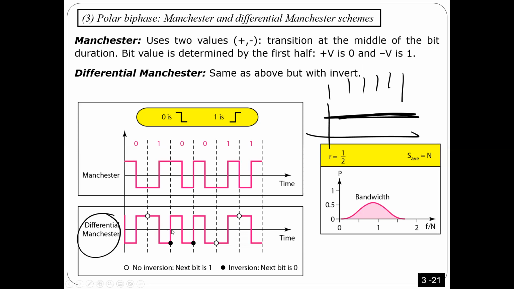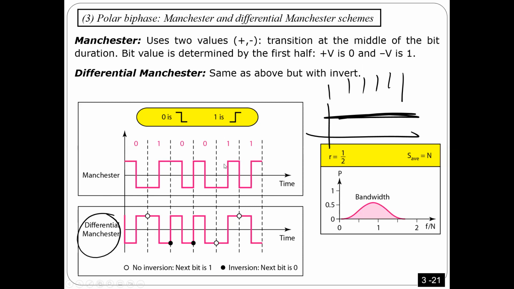But the difference is that here you are positive and still positive, no transition, so it is 1. Here it is negative and then negative, and after that there is a transition, negative and then positive. That's why this one is 0. Every time there is an inversion, it's 0. Same thing here, negative and then positive, so it is 0. Negative and then negative, no transition, so this is 1, and so on.